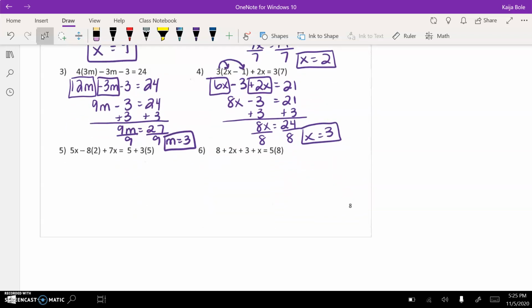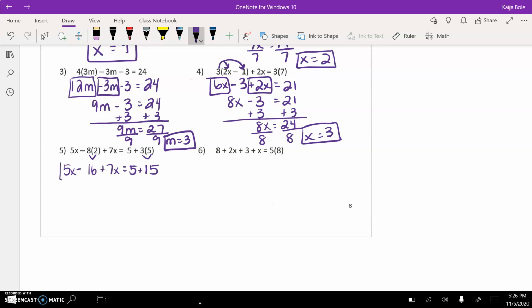Number 5, I see some multiplying first, so I'm going to take care of that. So 8 times 2 is 16. And then I'm going to bring down the 5x and the minus sign plus 7x equals 5 plus, and 3 times 5 is 15. And again, don't try to multiply and add at the same time. It's okay, take an extra step.